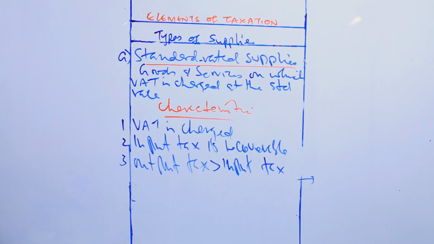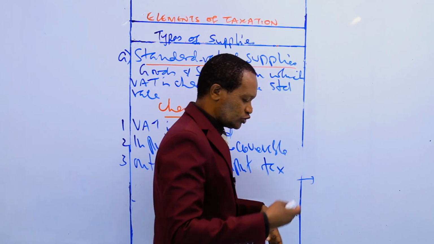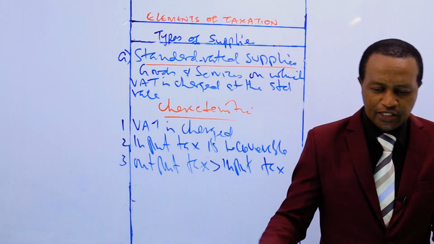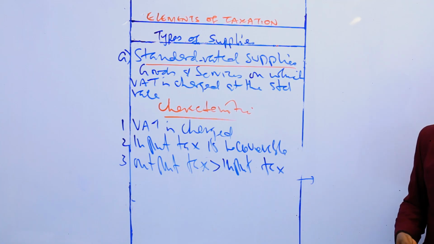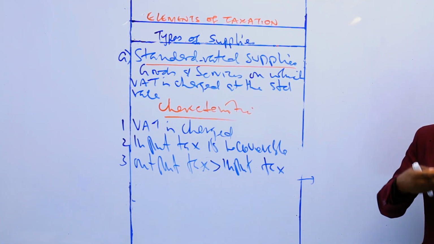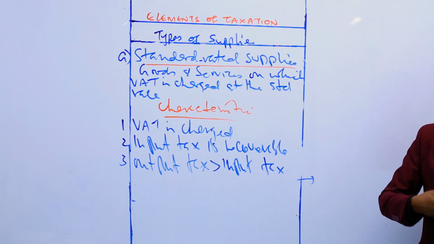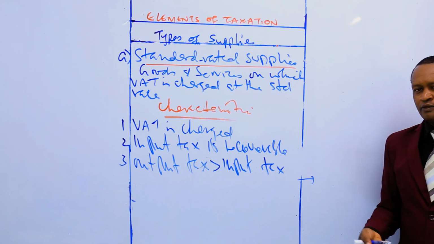Of course, there could be some specific exempt items. Professional services also attract VAT. Those providing professional services like accounting and law are required also to pay VAT. Examples are legal services, accounting, consulting, architectural, engineering, and so on.